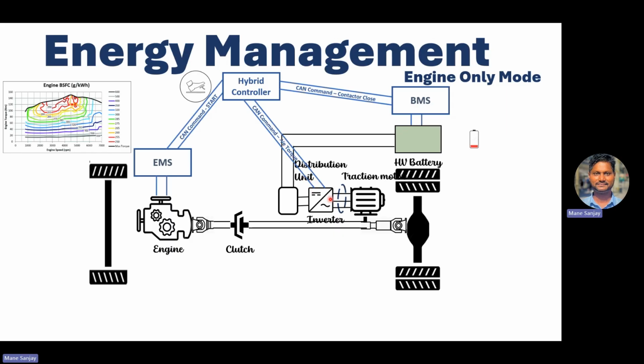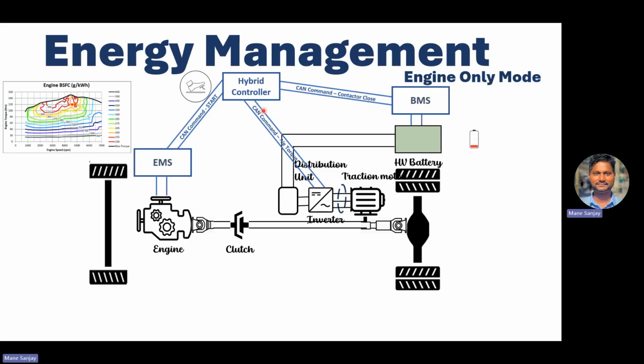So as soon as it receives the negative torque, it acts as a load on this shaft, definitely it acts as a load on the engine, and the engine experiences that the output shaft torque is high and it shifts toward this. That means here it starts consuming less fuel and it starts operating in the best efficient zone. That means it provides the best effective energy, or it gives the best efficiency in this region.